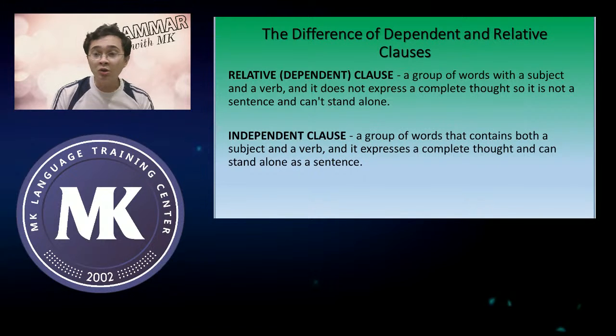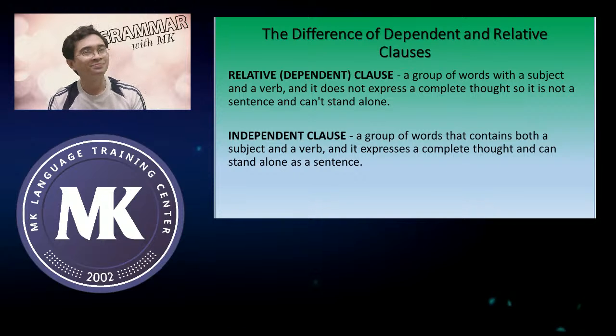When we say independent clause, guys, it means it's a group of words that contains both a subject and a verb, and it expresses a complete thought and can stand alone as a sentence. So this kind of clause has a subject and a verb, it can stand by itself, and it has a complete thought. So we call that an independent clause.